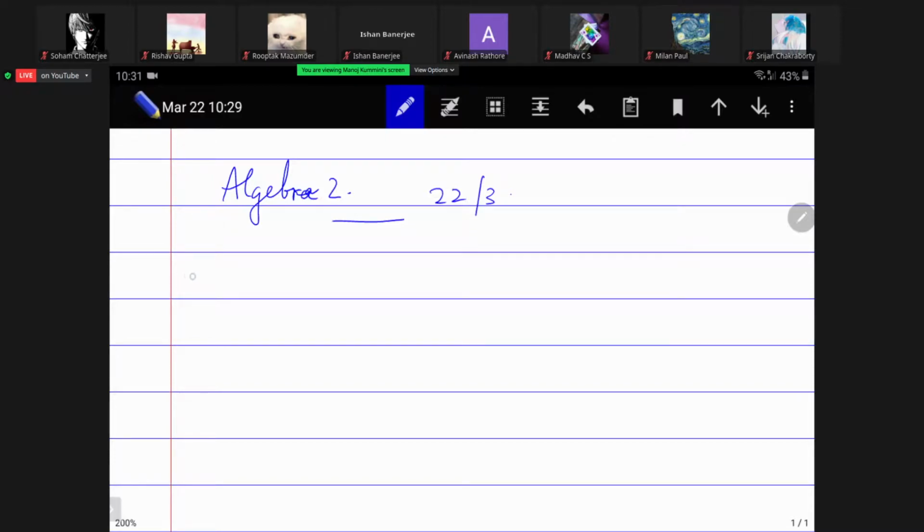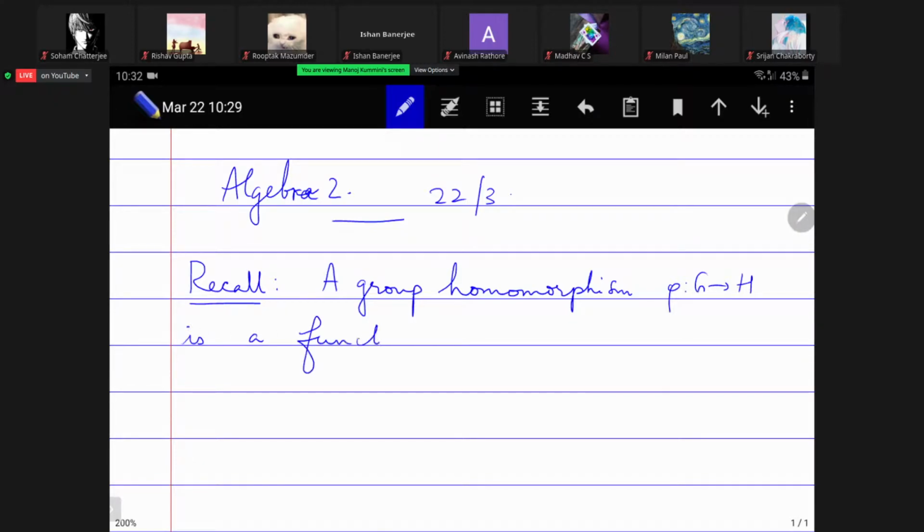So recall that where we stopped is here. A group homomorphism phi from G to H is a function phi such that phi of g1 g2 is phi of g1 times phi of g2.